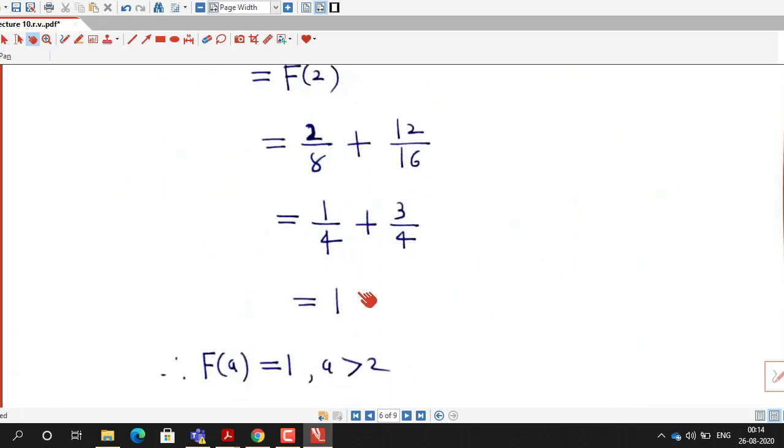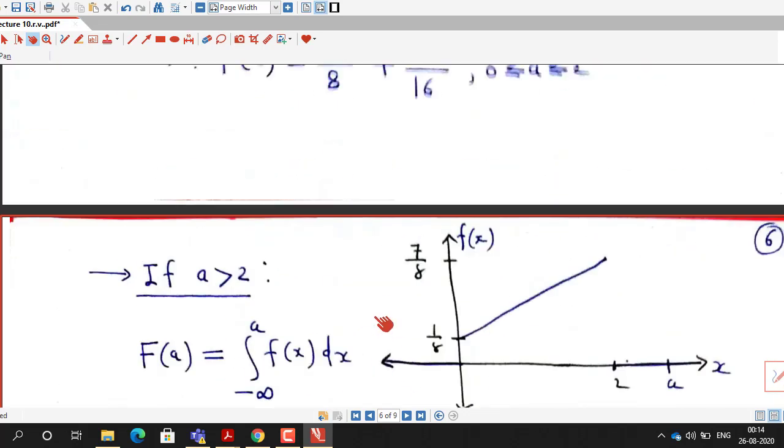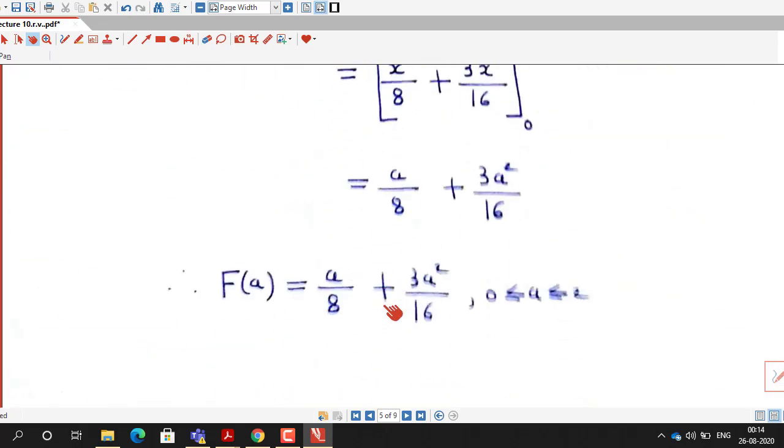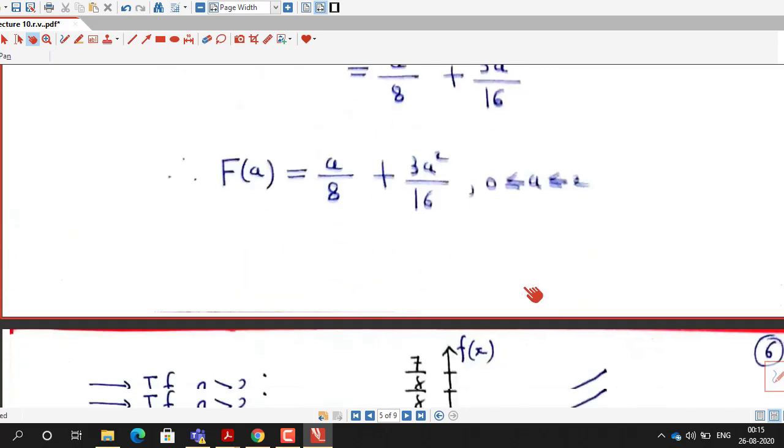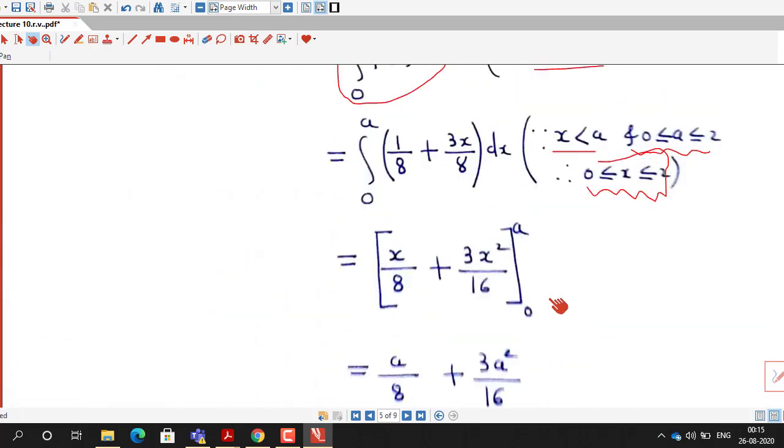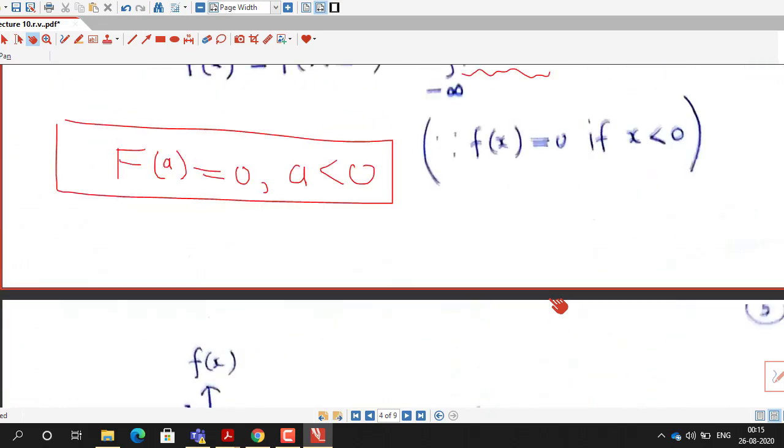After simplification we obtain F of a equal to 1. So F of a is 1 if a is greater than 2, F of a is a by 8 plus 3a square by 16 whenever a is between 0 and 2, and if a is negative, F of a is 0. That was the first case.